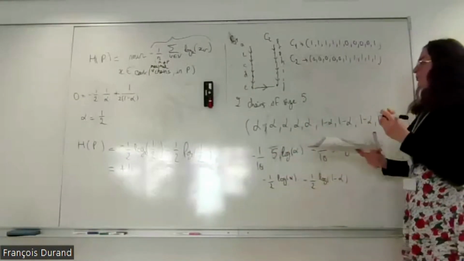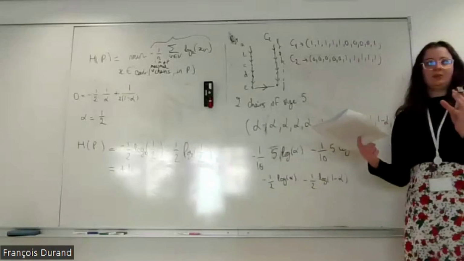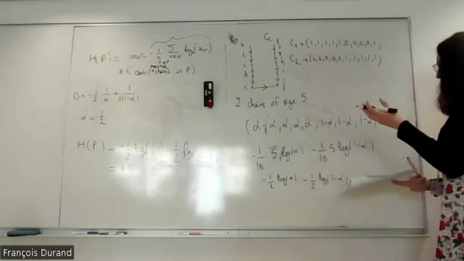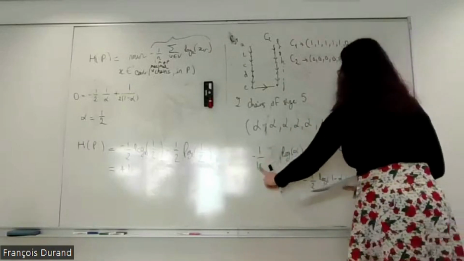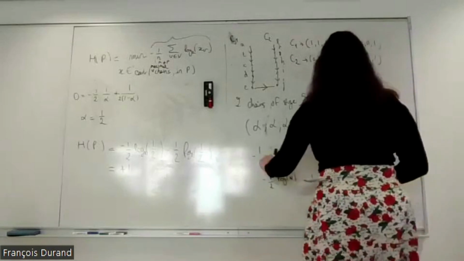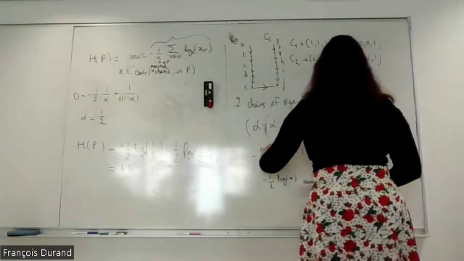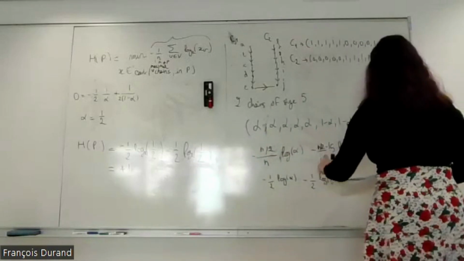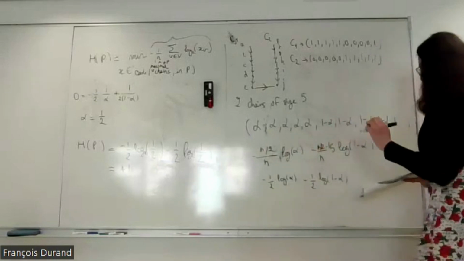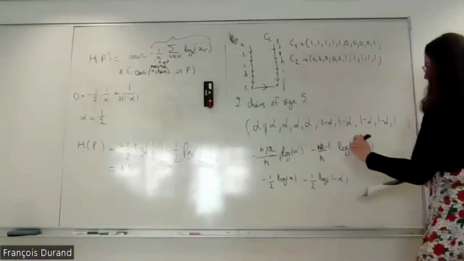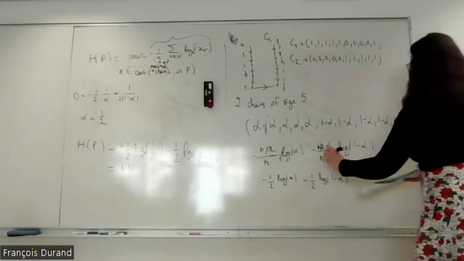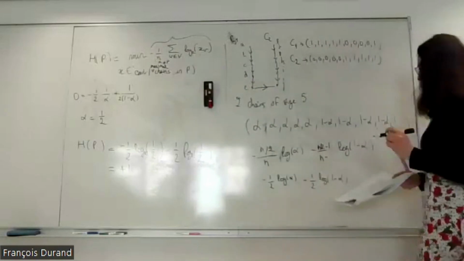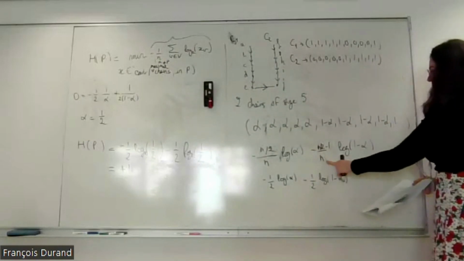And so I'm going to do my example in the case where we have a poset of size n. So here, instead of 5/10, it's going to be n/2 divided by n, and here n/2 minus 1 divided by n. Sorry, it's the n of the entropy.